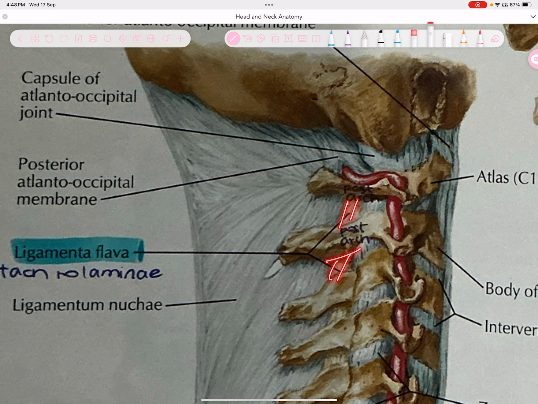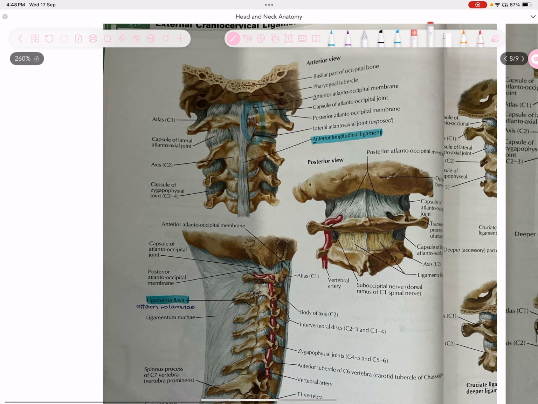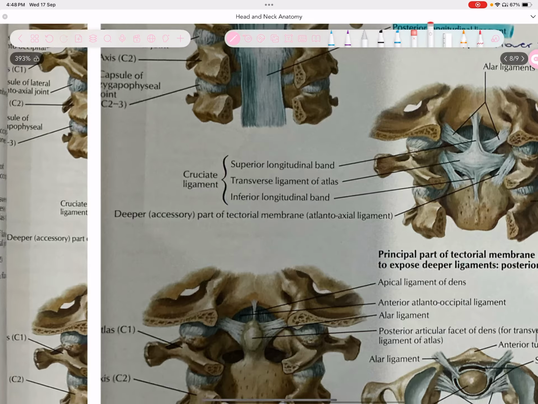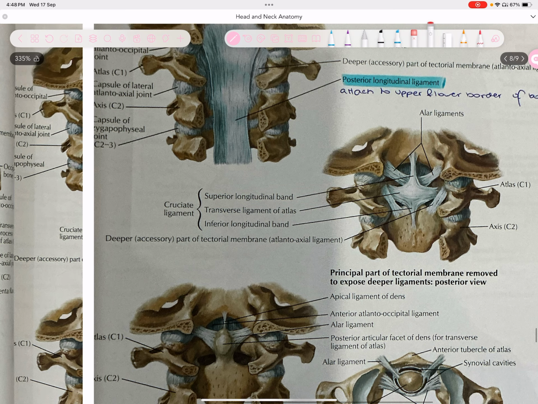Lower border, ligamenta flava. Now, the tubercle on the medial side of the lateral mass gives attachment to the transverse ligament of atlas. Right now we're talking about the atlas. So where is the transverse ligament? Here.